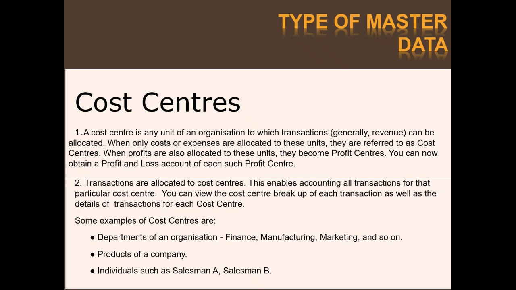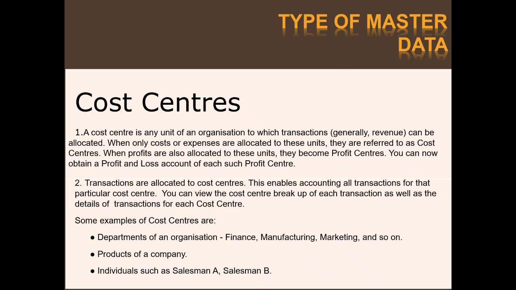So the total salesman cost will include the salary they receive from the organization, as well as the transportation allowance, and maybe refreshment expenses. It depends what kind of allowances there are. So the complete cost is obtained by adding these things, whatever they are receiving against their services. This is known as a cost. Is it clear? So today we are going to learn the cost centers in Tally.